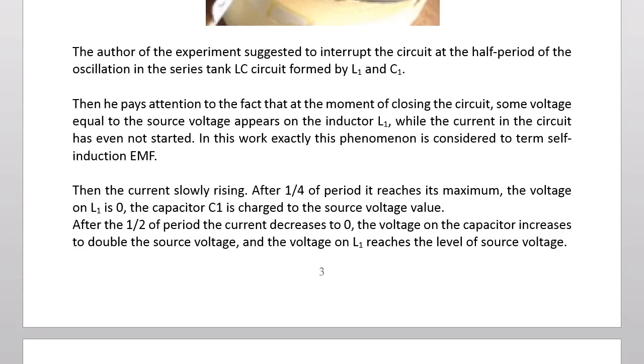After 1/4 of the period it reaches its maximum. The voltage on L1 is 0 and the capacitor C1 is charged to the source voltage value. After 1/2 of the period, the current decreases to 0, the voltage on the capacitor increases to double the source voltage, and the voltage on L1 reaches the level of the source voltage.